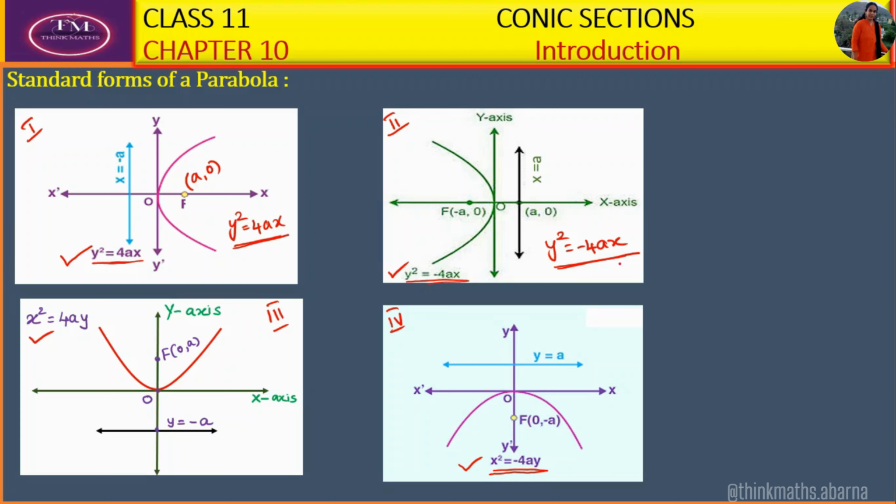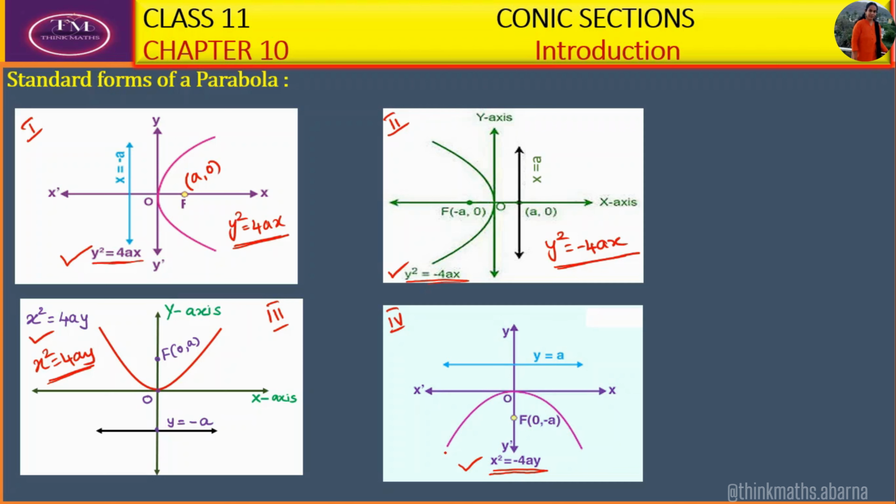Okay. Now if the parabola mouth is wide open in the positive side of the y-axis, on the y-axis the x coordinate will be 0. So the focus will be 0 comma a. Then the equation is x square equal to 4ay. If it is on the y-axis, then you start with x. x square equal to 4ay is the equation of the parabola.